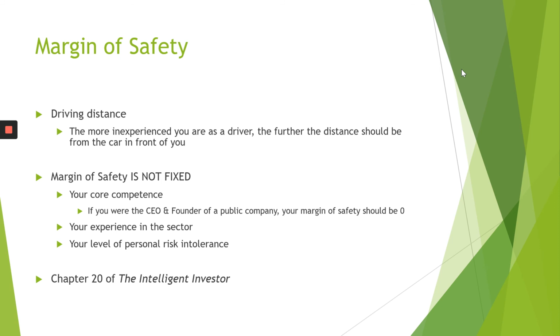And then your personal level of risk tolerance. Once again, this isn't something that you can apply a formula to. You just have to be honest with your own situation. If you're 18 years old and someone's given you $5,000 to put into the stock market, your personal risk tolerance is going to be pretty high because you have 50 years of potential earning in front of you.